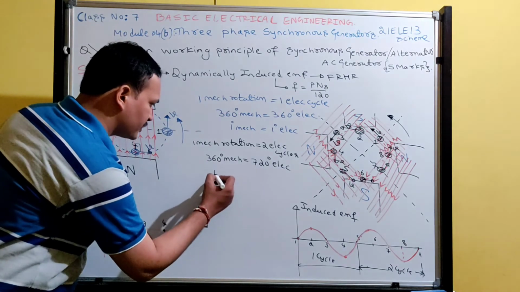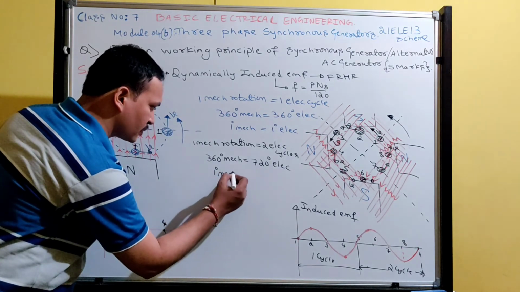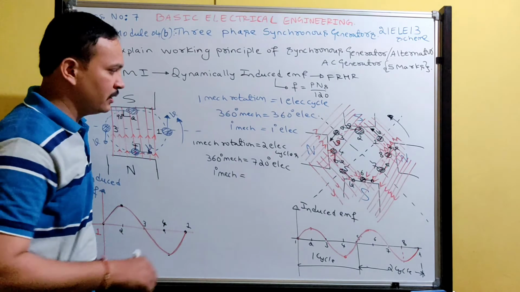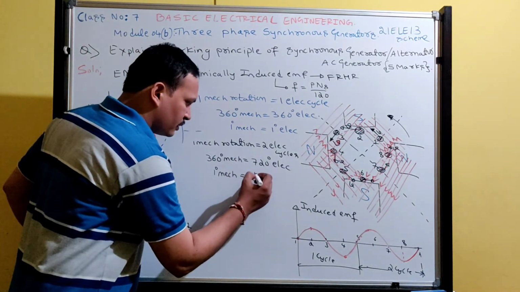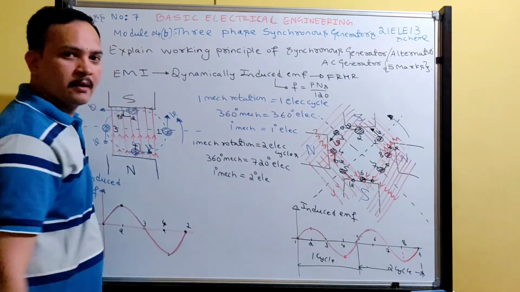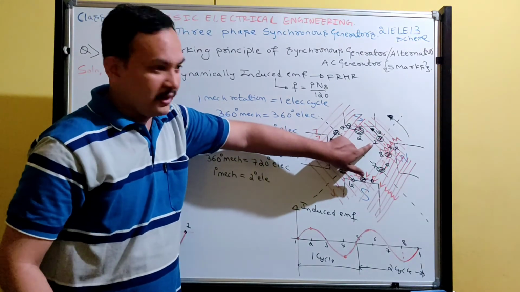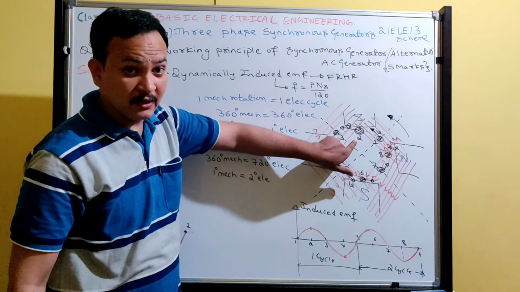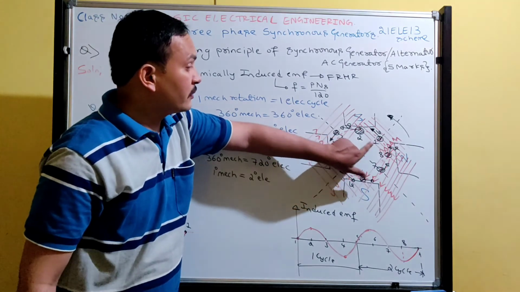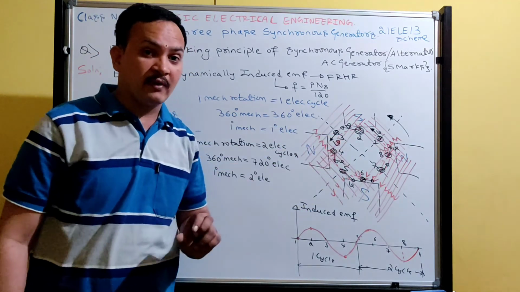See now, what is the concept here? If the conductor is rotated by 1 degree mechanically, EMF will be induced at 2 degree electrically. Position 1 is 0 degree, position 2 is how much? 45 degree. From 1 to 2 there is an angle of 45 degrees.